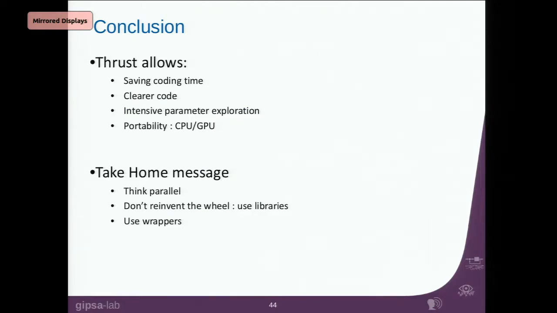Okay, so in conclusion, what does Thrust allow you to do? It allows you to save coding time if you're not into optimizing things, which can take a lot of time. It makes the code clear if you are used to high-level concepts from the C++ language.